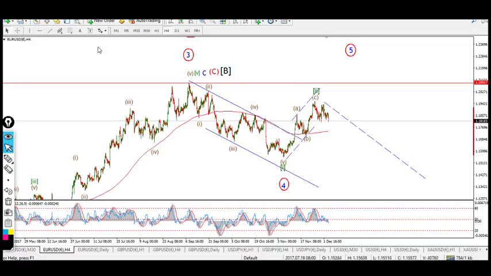The only mitigating factor here would be this 4th wave, which is labeled as a running flat, but the reason for that is because off the end of that running flat we have a clear 5-wave structure to the downside. Right now that is the only glitch in our armor.